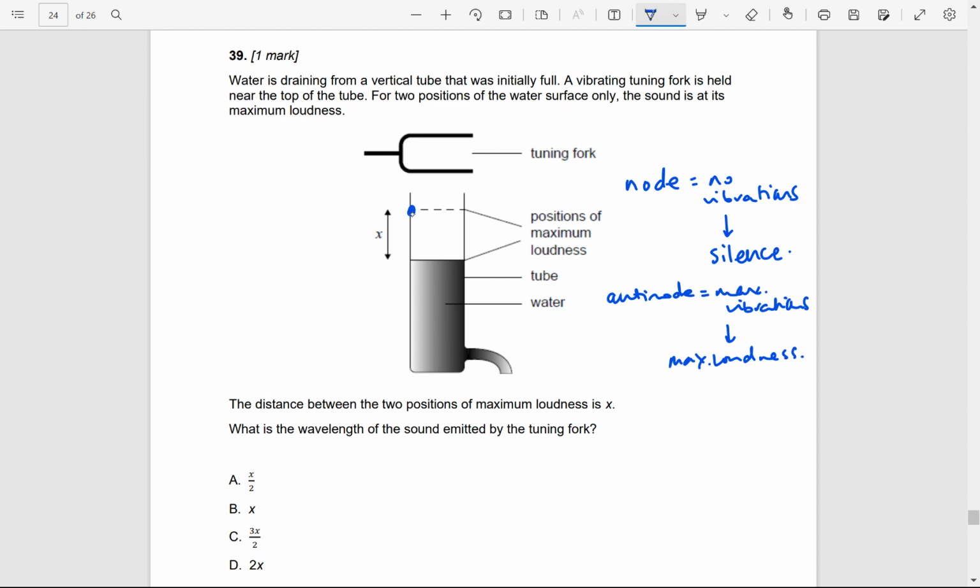So we know that at X, here, and I'll do it here because it will be cleaner. We have antinodes. All right. So what we need to do is we have to get like that.